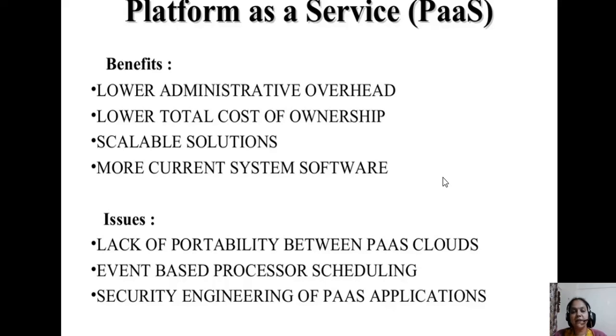Like round robin, first come first serve, shortest job first, and priority. What exactly scheduling scenarios they are using, you need to understand that also. And security is also an issue. Since the portability issue is there, security with respect to the environment of the application could be a reason where people are lacking behind.